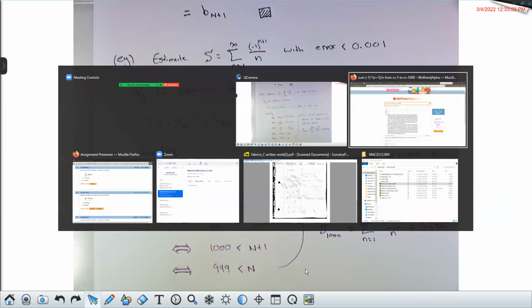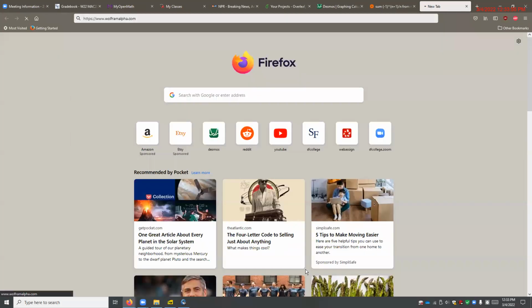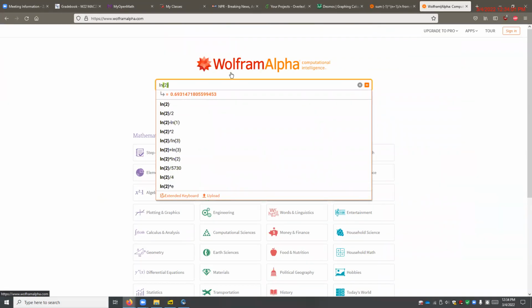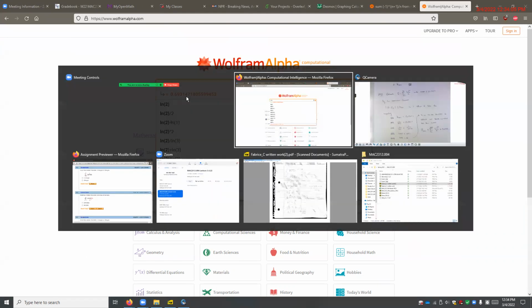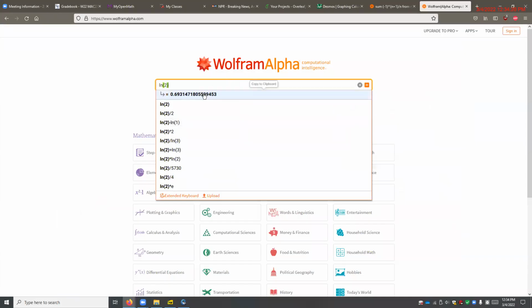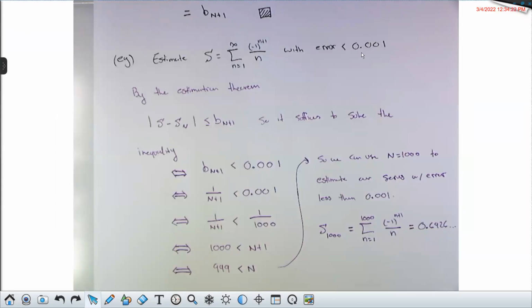The full value of the series here is the natural log of 2, 0.6931. So we're off by a tiny little bit, but the error is less than 0.001. The first 2 decimal places are perfect, and in the third decimal place we have a 2. The correct third decimal place would be a 3. So the error is about 0.001.